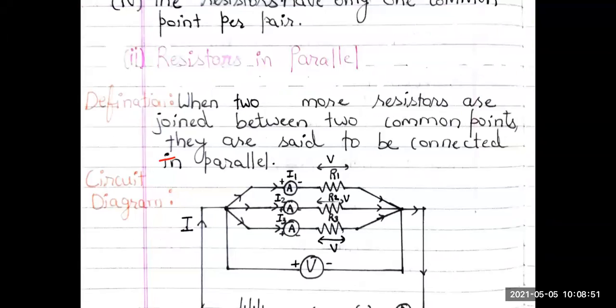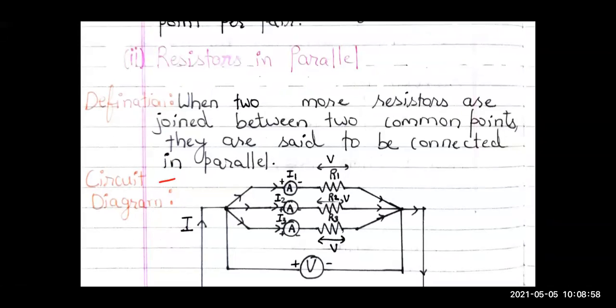Okay, next type of joining of resistors is resistance in parallel. So as you can see in the diagram, here we are having three resistances R1, R2 and R3. They are all connected between two common points.